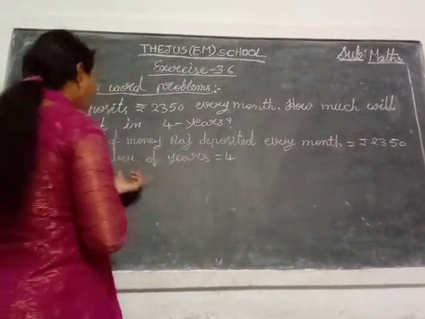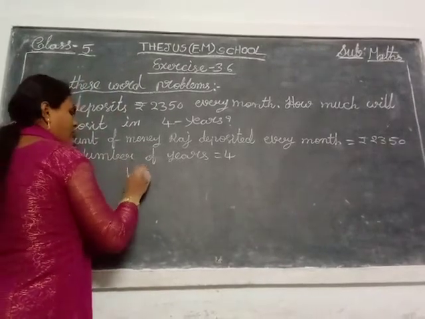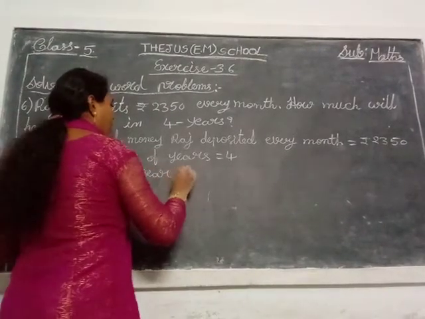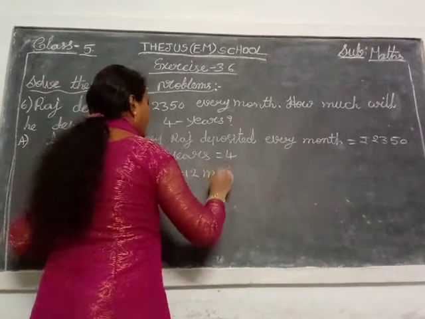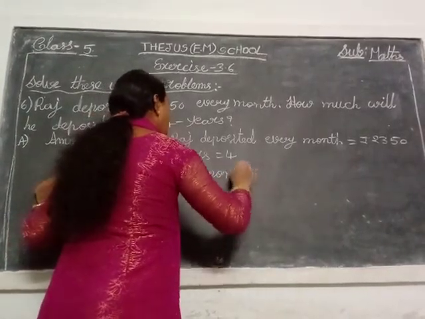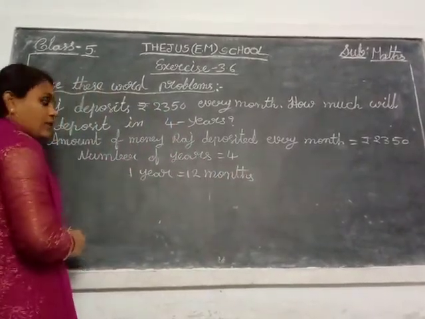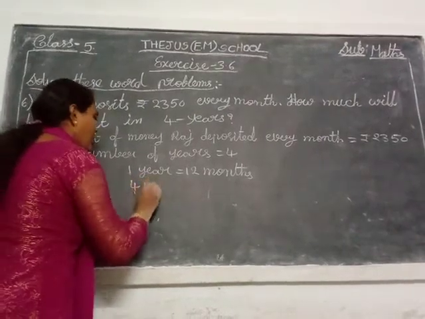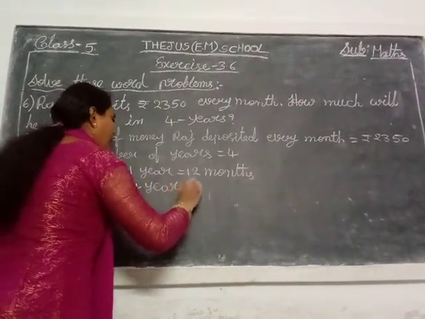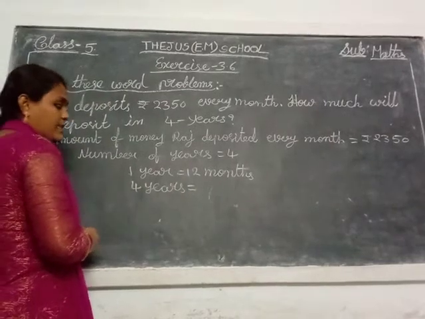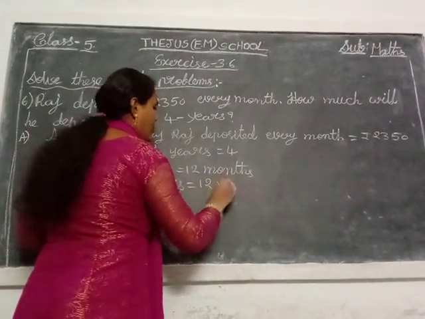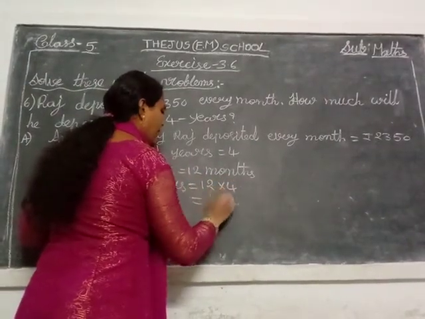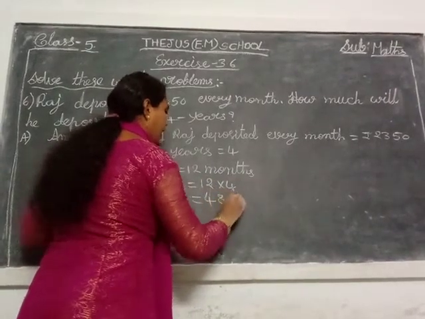So first you write 1 year is equal to 12 months. So 4 years is equal to 12 into 4. 4 2s are 8, 4 1s are 4. So 48 months.